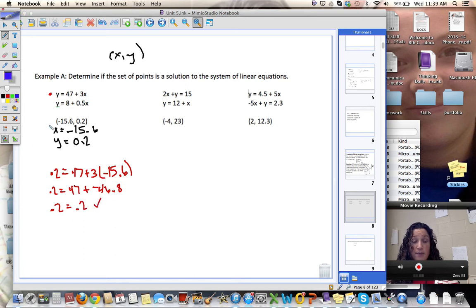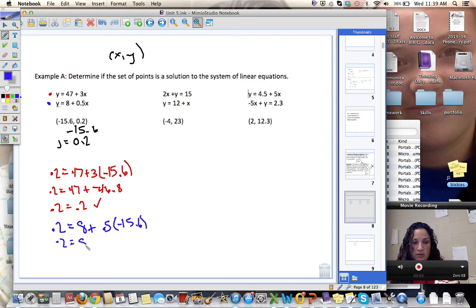I'm not done, I need to make sure that this one works. I'm going to do this one in blue. My y is still 0.2 equals, except now I have 8 plus 0.5 times x, which is negative 15.6.